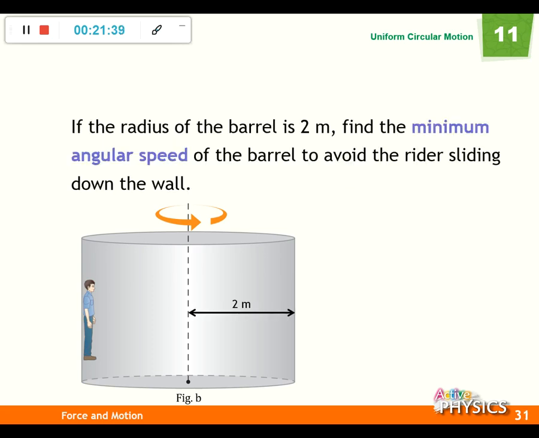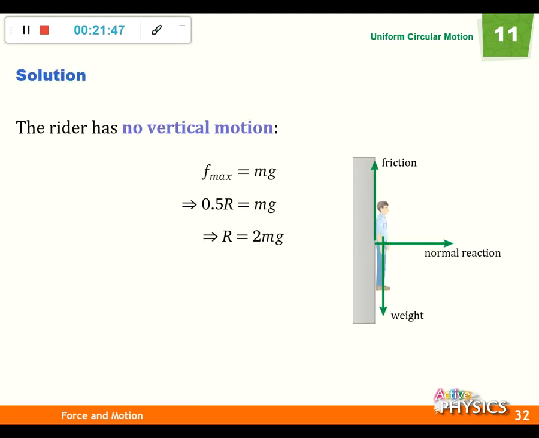If the radius of the barrel is 2 meters, find the minimum angular speed to avoid the rider sliding down. So you should draw the free-body diagram. For the rider, we have weight, but it cannot move down because we have the friction acting on it.